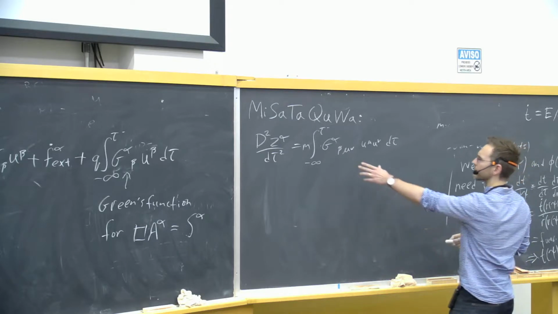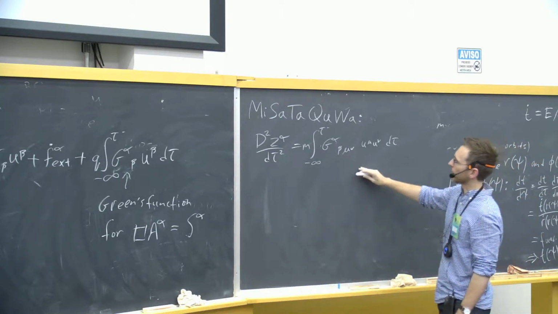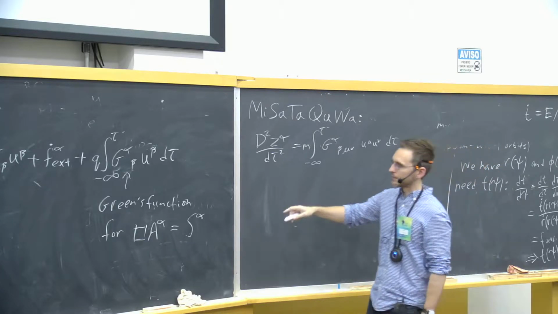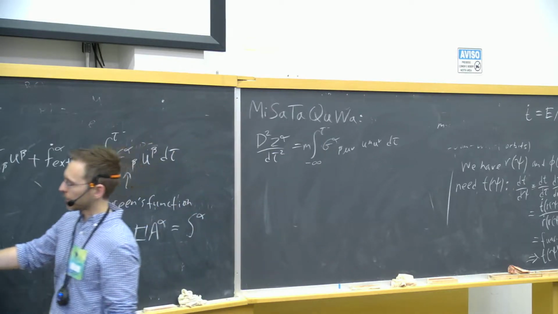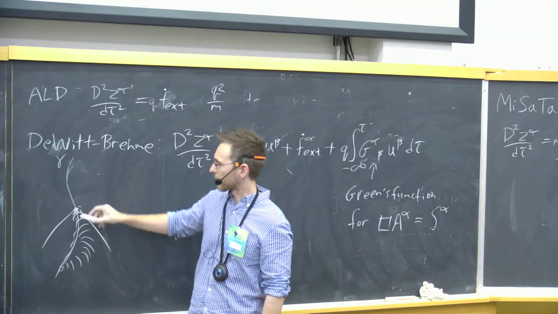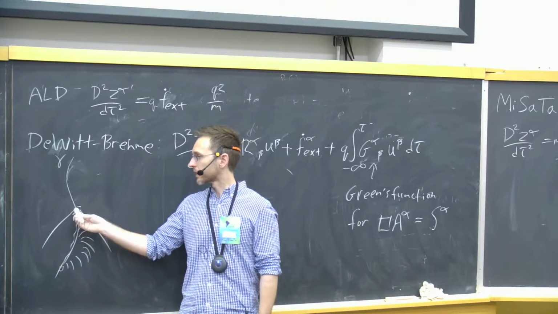I don't remember what indices work here. So this is not the form of the equation that's typically used in modern calculations, but it's the same kind of idea where here you have the linearized gravitational field propagating out, being scattered back, and interacting with the point mass at this point.